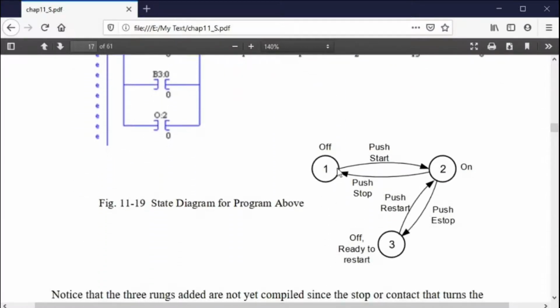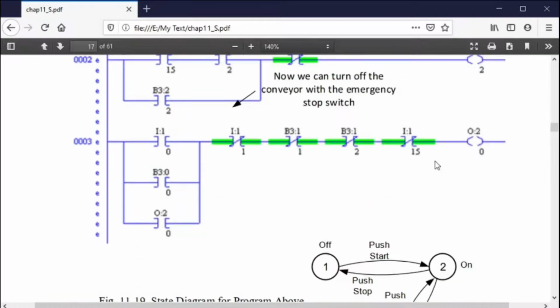So you push the button to stop, and you go off, but when you push the restart, you're ready to turn back on, or you push the stop and you're back in the off position. Basically, it allows you to define multiple states by using just ahead of what you previously had done using the scan of your programmable controller.